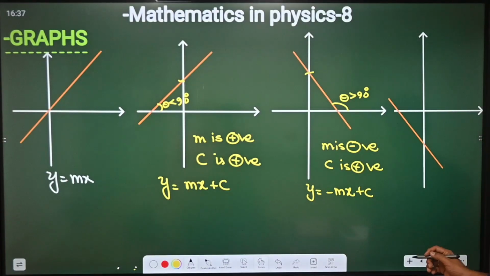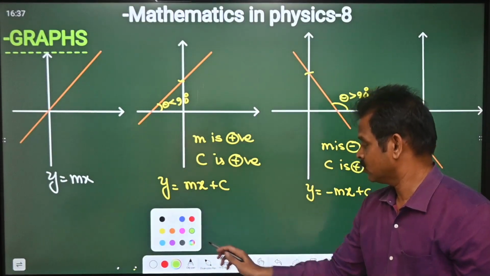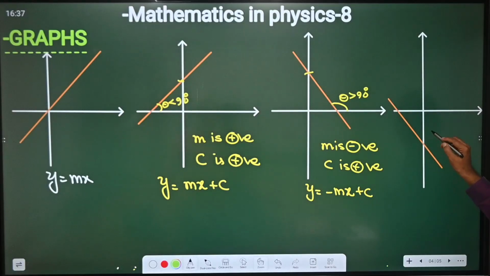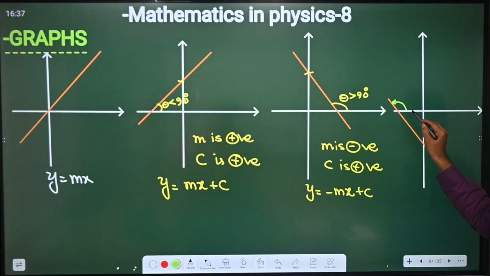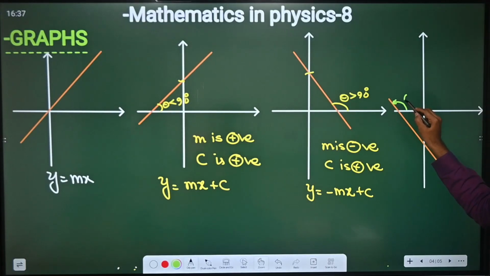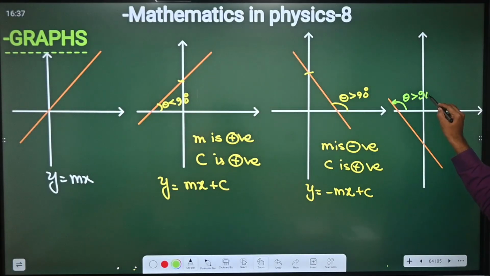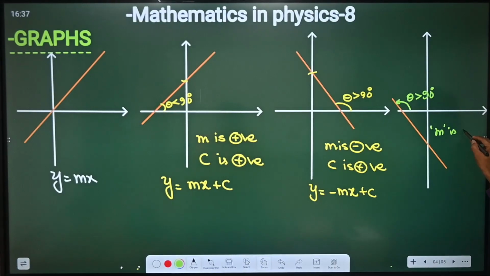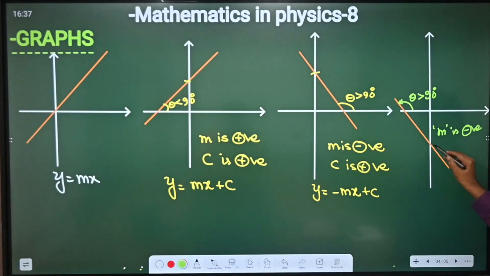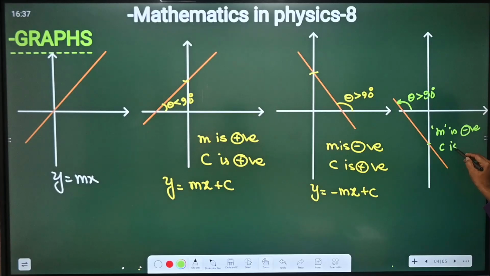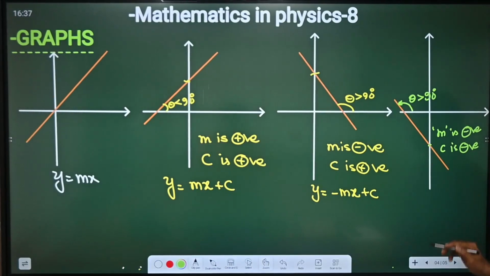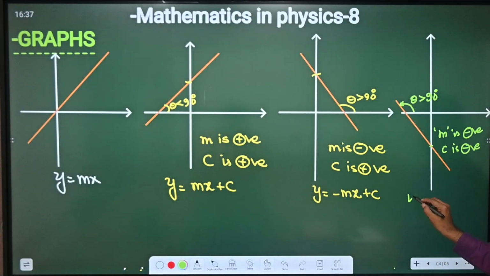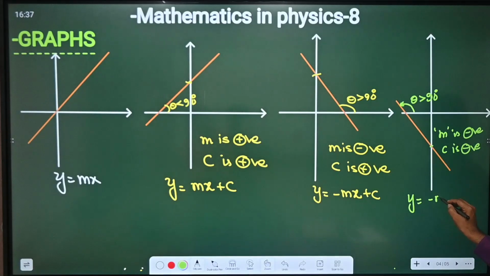And the next one, if you take the fourth graph, how to measure the angle: always from the x-axis in the anti-clockwise direction. Theta is greater than 90. So slope m is negative and the y-intercept c is also negative. So from this the corresponding equation will become y is equal to minus mx minus c.